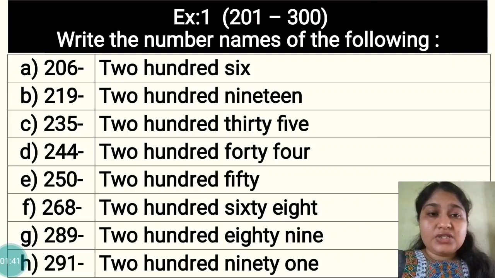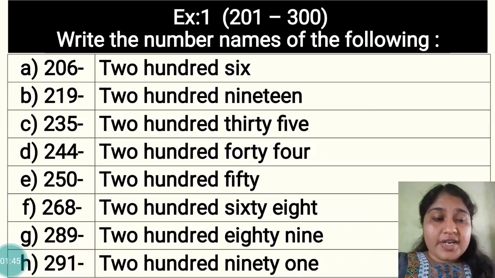And the last is 291. So, the number name of 291 is 291. So, students, here you can see we have written 200. Earlier, we understood about the number names where we were adding 100.